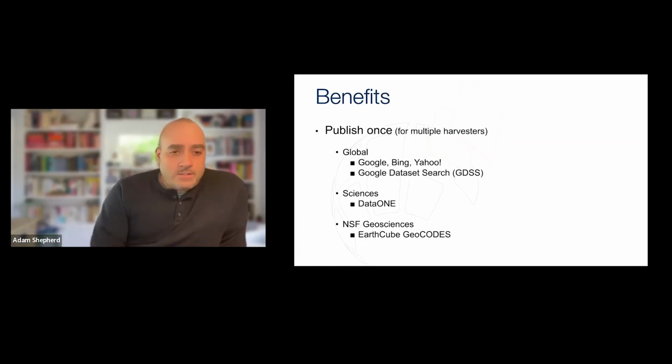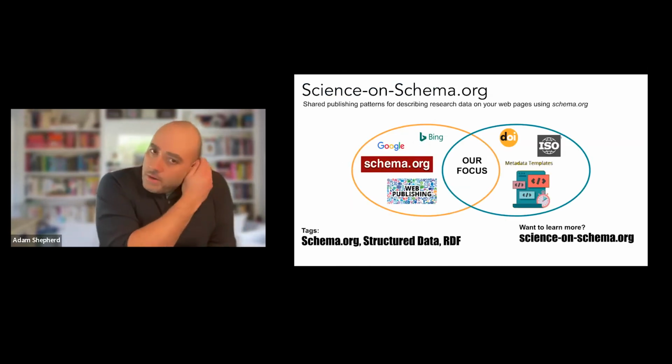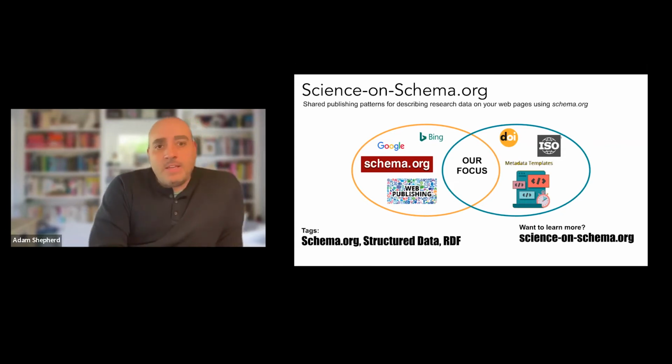In fact, Doug's software is used at DataONE too, and in a bunch of other areas for harvesting. Even as you run your own repositories, if you wanted to harvest a portion of the web to grab schema.org, Doug's got some great tools for you. I should have put a link up there, but it's gleaner.io, and we'll make sure that we get that to you if you're interested. All right, so back to schema.org and this cluster at ESIP.